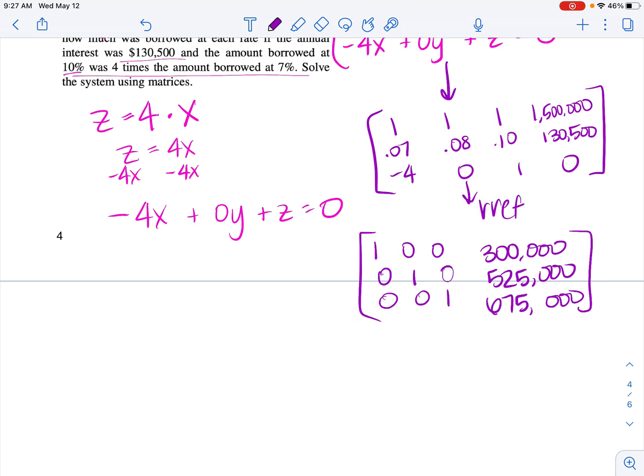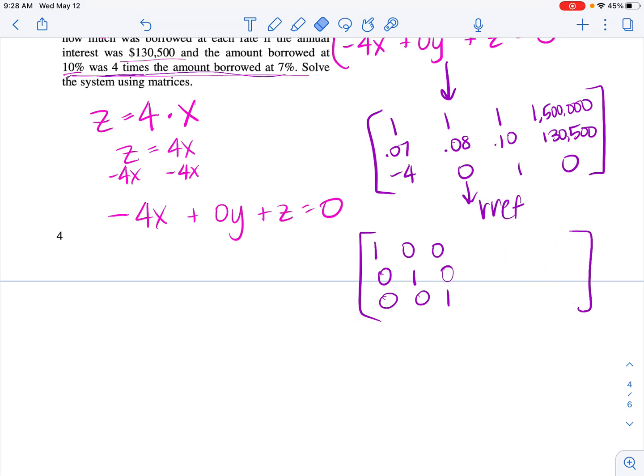I hit something in wrong because I was reading 10% is supposed to be 4 times the amount at 7%, and that's not right. So I went back and I looked in my matrix, and I have one number done incorrectly. So I have to try it again. There we go.